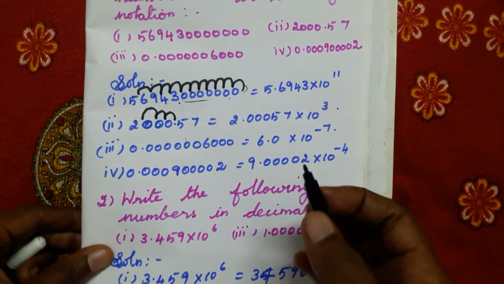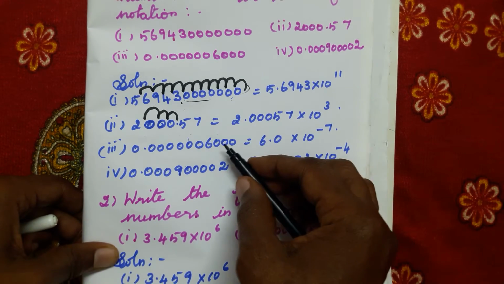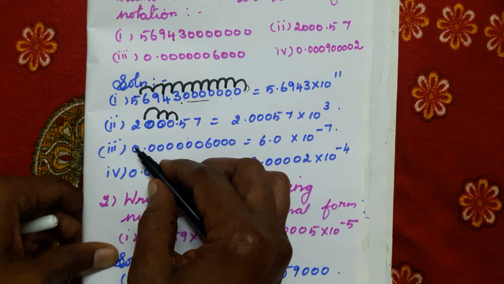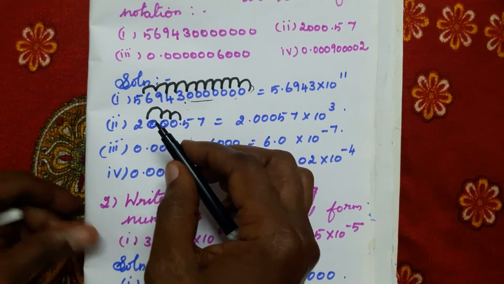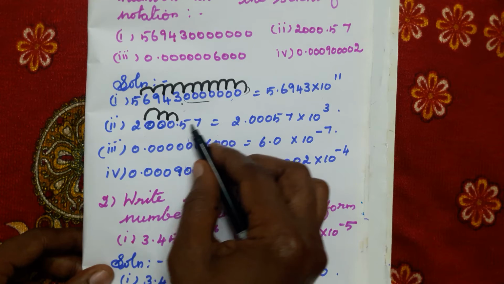Next, 0.000000600. We want to convert into scientific notation. How can we write? This is a 0. I already explained that when we are writing in scientific notation, before the decimal point, one non-zero digit should be there. It is the 0. So we want to move the decimal point.